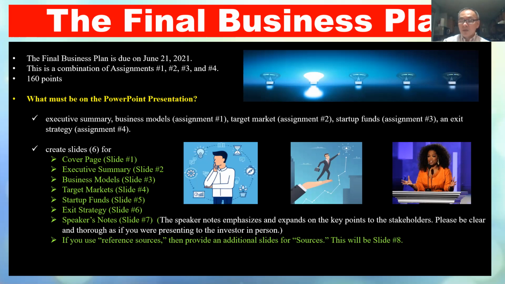Then on slide number 3, you need to discuss the business models. You need to identify 3 business models that can be used by the business, and out of the 3, choose the one that best fits your business concept.